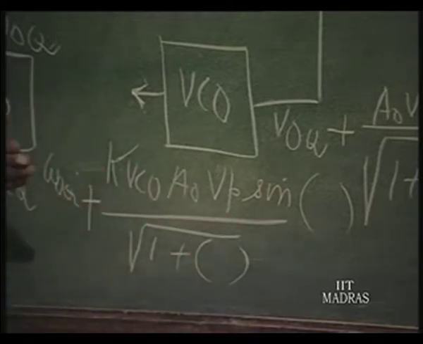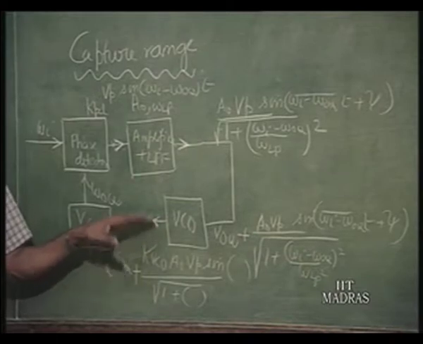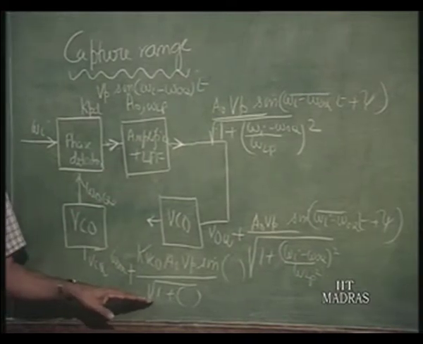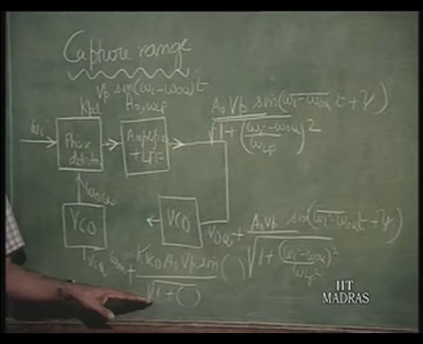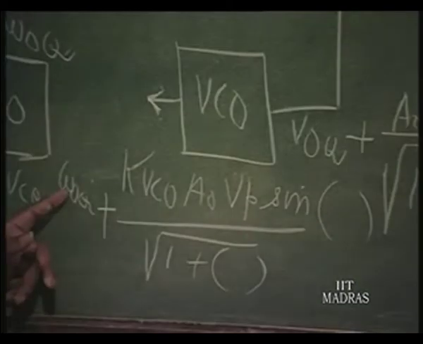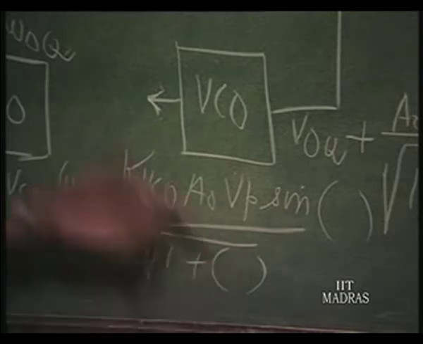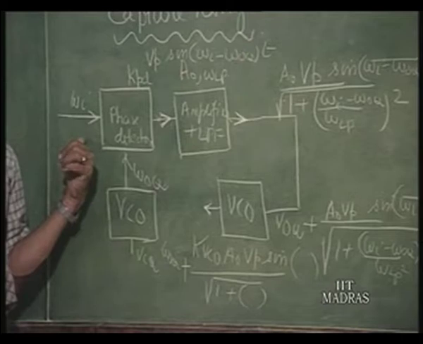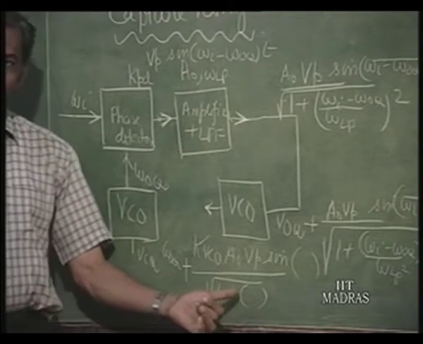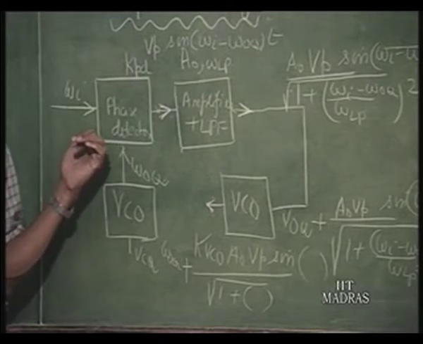That means, imagine that the moment omega I is applied, this has already started swinging around omega naught q on either side of omega naught q. What is capture range? Capture range is that when this omega naught q plus this, if it is higher, becomes exactly equal to omega I, or omega naught q minus this, if it is lower, becomes equal to omega I. Is this clear?